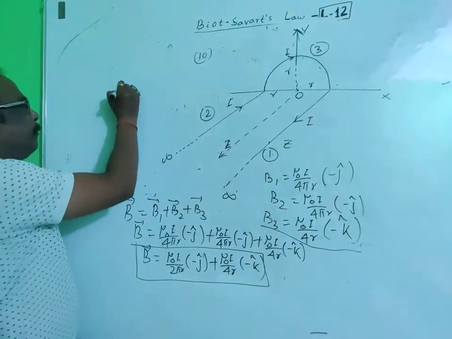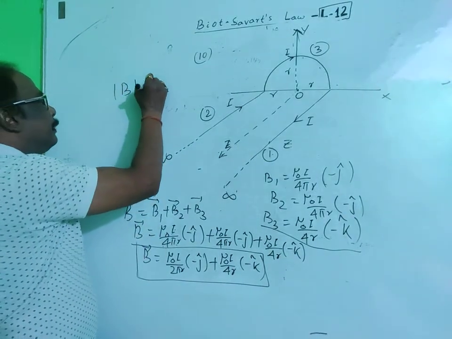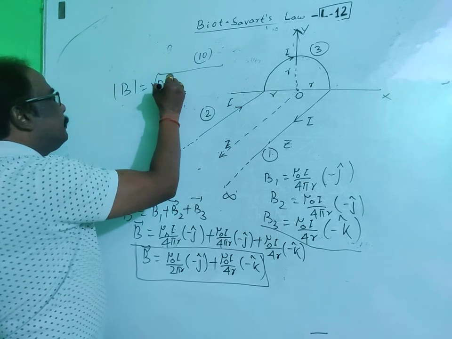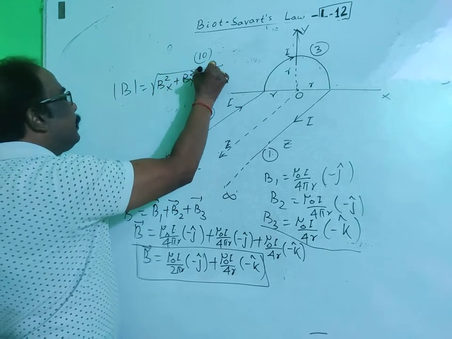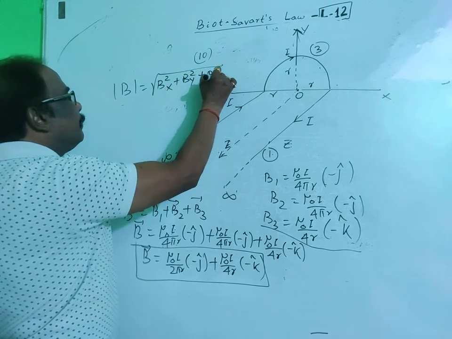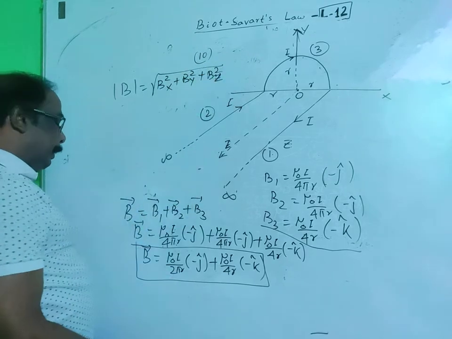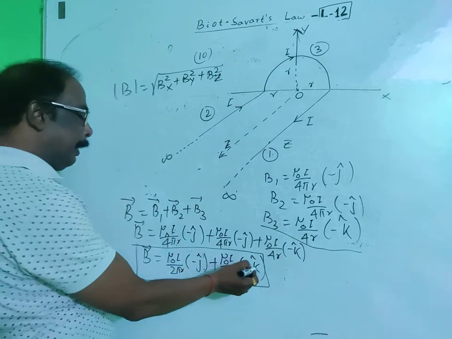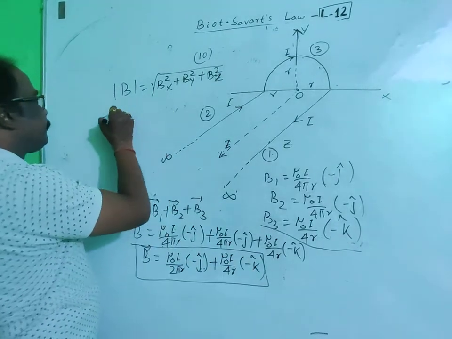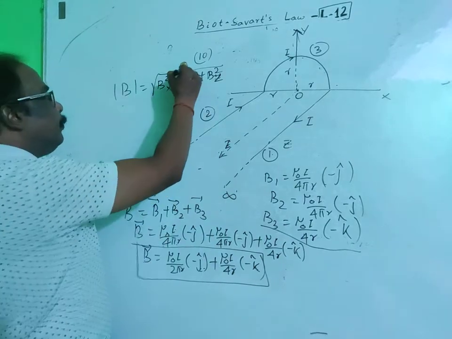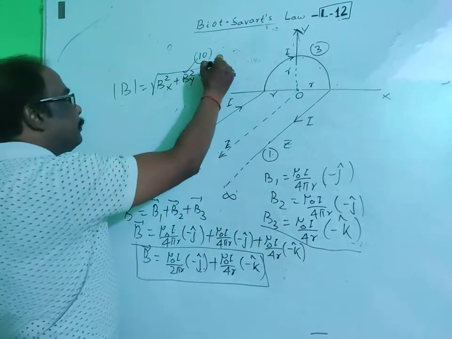And for magnitude, you know the resultant magnetic field is the root of Bx square plus By square plus Bz square, meaning orthogonal vectors. Here j cap and k cap, minus j cap and k cap, are perpendicular to each other. This is along the y axis, and k cap along the z axis.